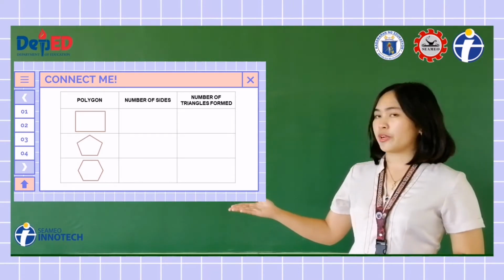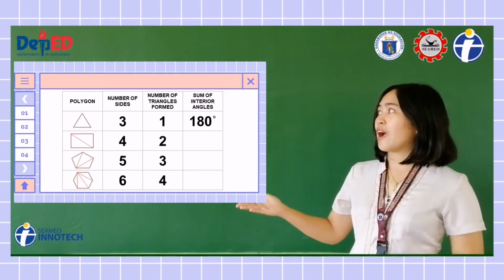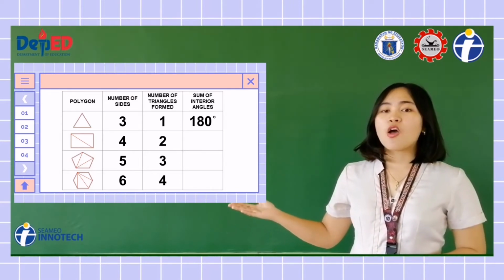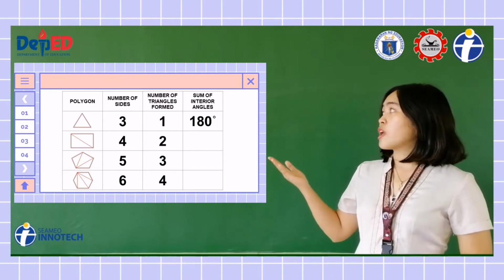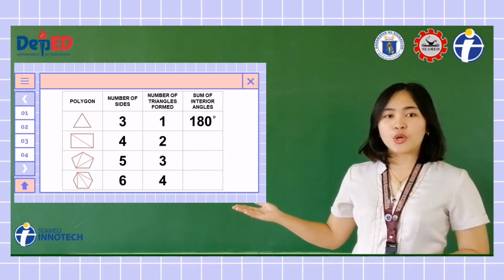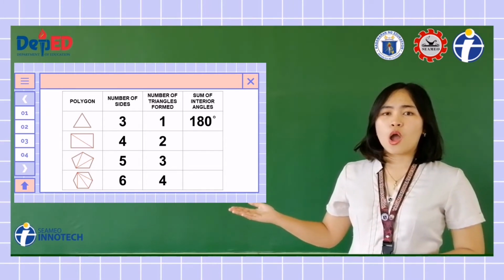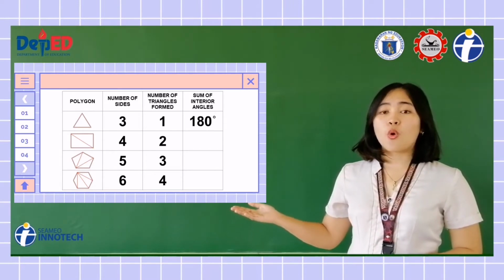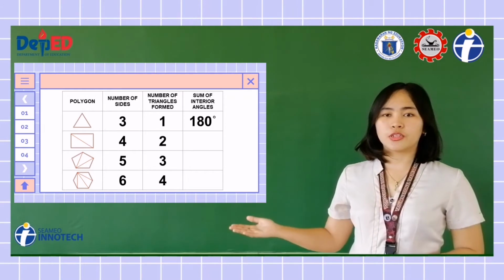Now look at the screen. So you can see we have a triangle. How many sides does the triangle have? 3. Number of triangles being formed? 1. So the sum of the interior angles of a triangle is 180 degrees.